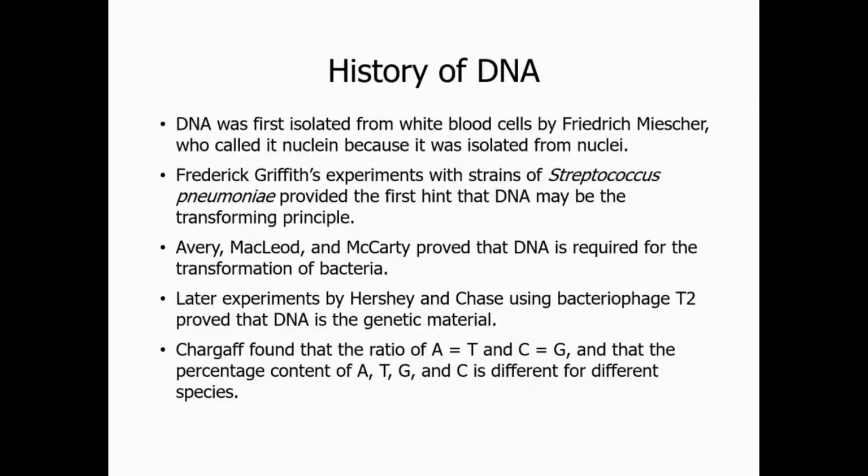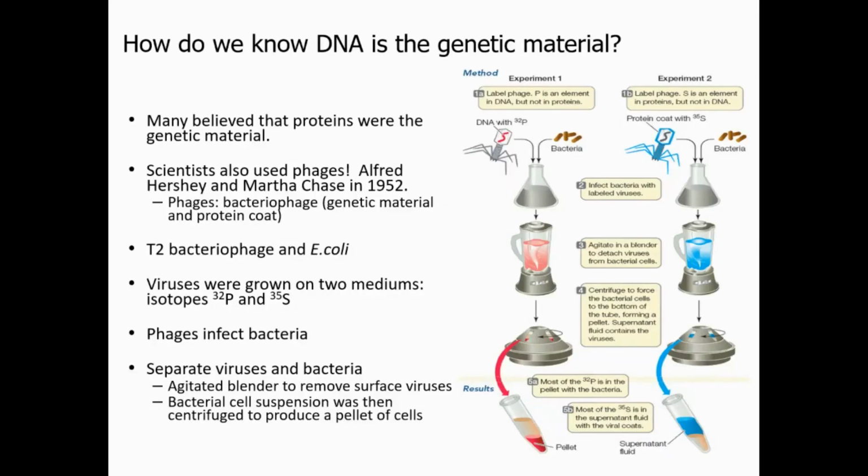A lot of people thought back then that proteins carried genetic information, but there are a few experiments that really proved that DNA is actually the genetic material. So I just want to mention one experiment. It was a really cool experiment. So here is the experiment. This experiment was done in 1952. Okay, so almost right before they discovered the DNA structure.